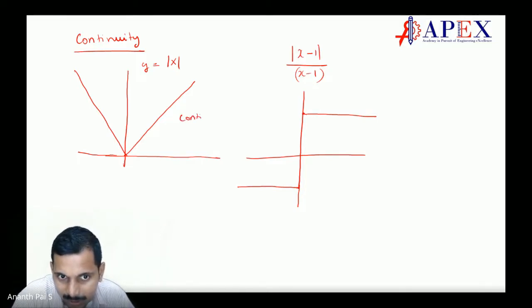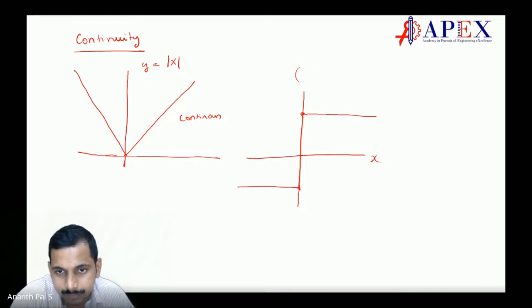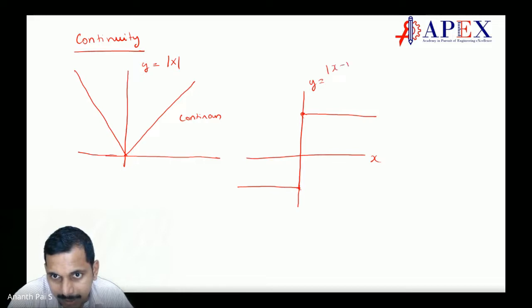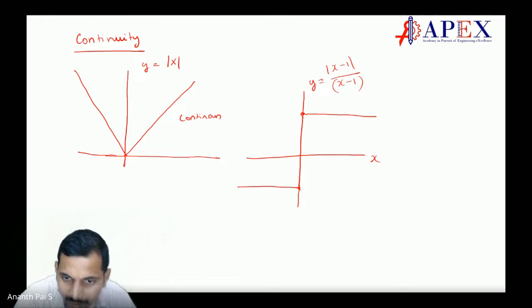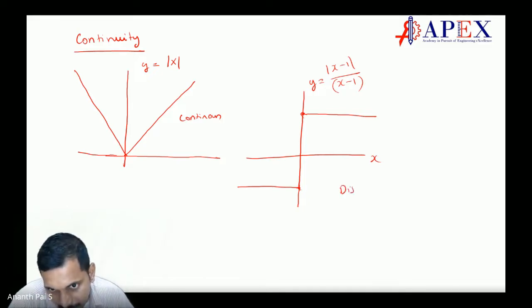This is continuous, okay? And this one is discontinuous at x is equal to 0. So let us say y is equal to mod x minus 1 divided by x minus 1. This is discontinuous at x is equal to 0.